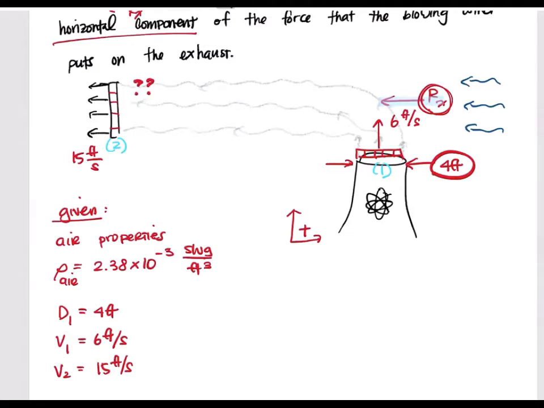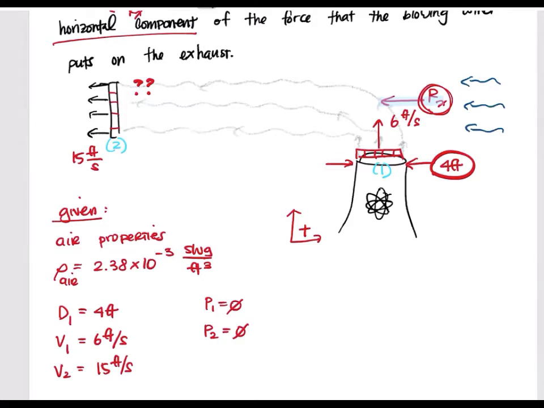I'm going to leave that for now, and if we need to solve for the area at that location, we can use conservation of mass to solve for that. So I'm going to move forward without knowing that information. Another really important thing to note is that since we're in atmosphere at all times, P1 is 0 and P2 is also 0. So that's also given.